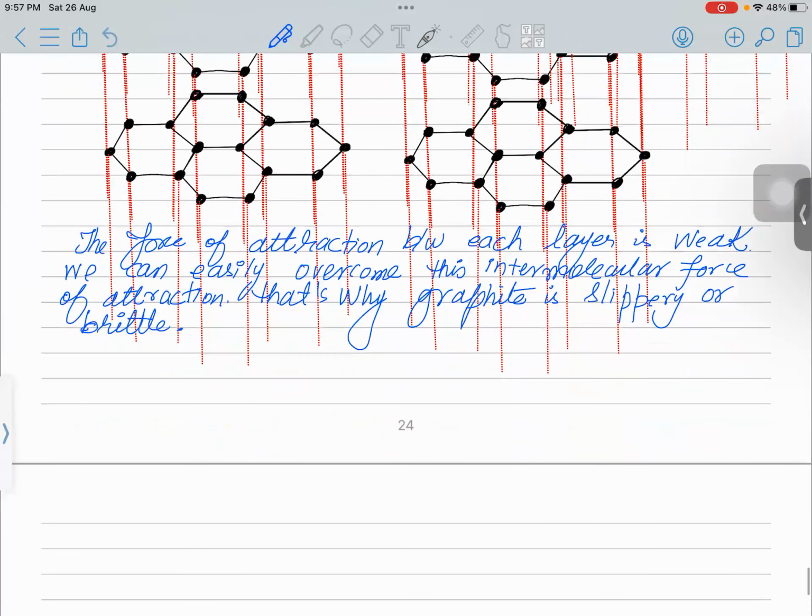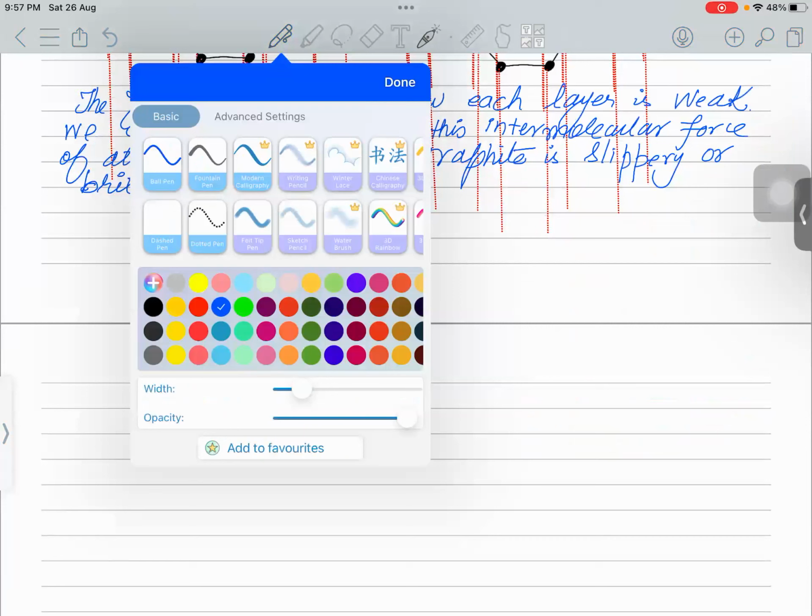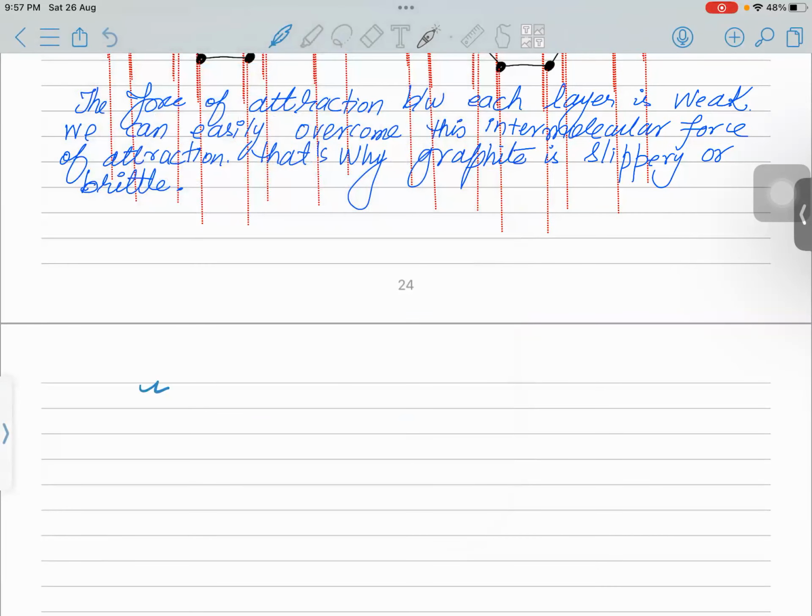Okay. Now the next property is melting point. It is very important.